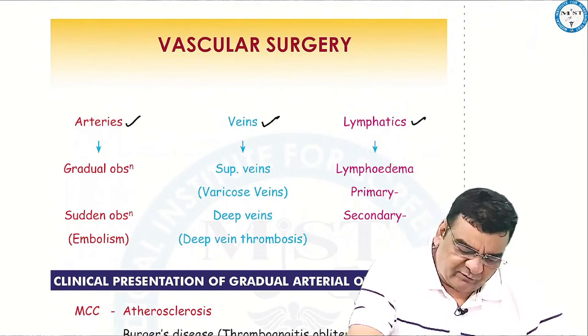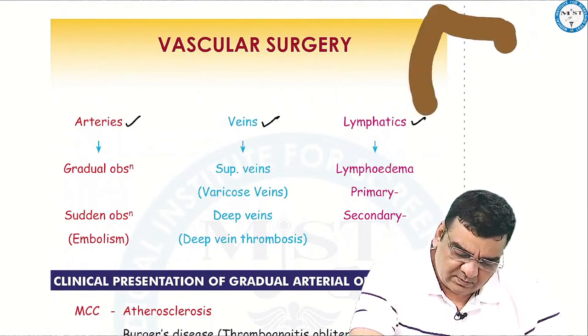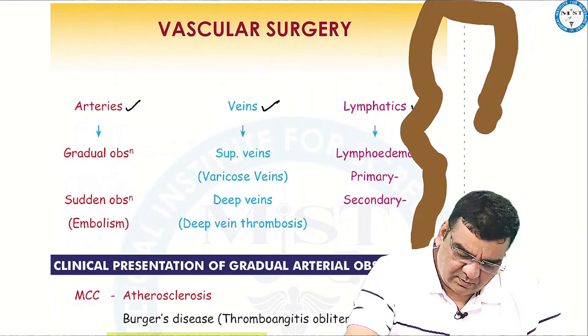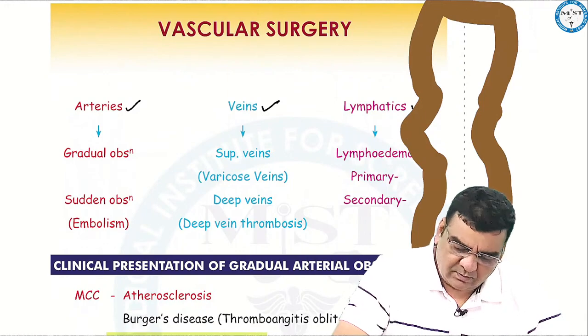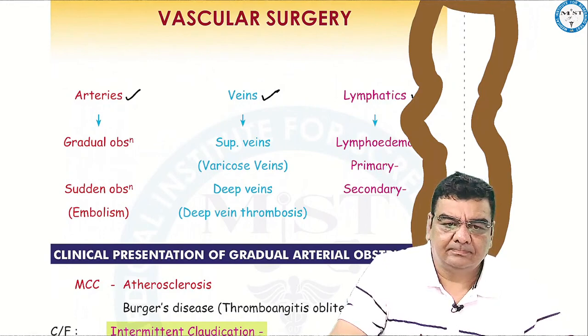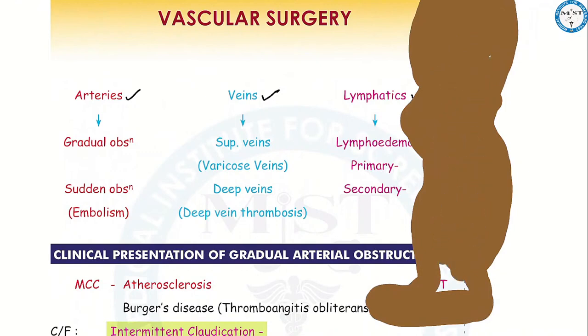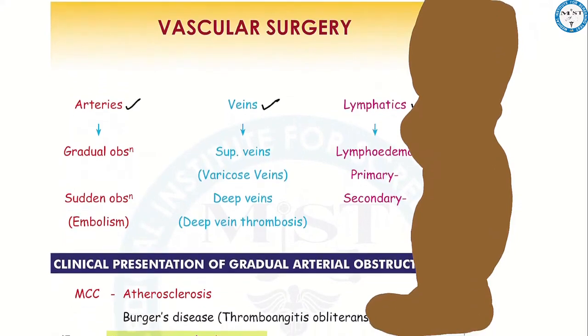Suppose we try to focus on the lower limb. We know that God has given the arteries, beta.